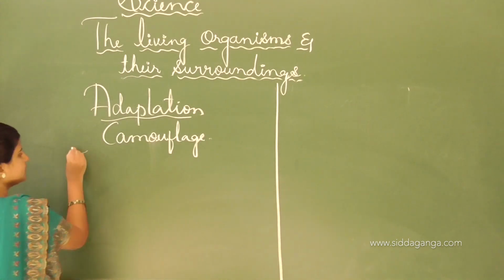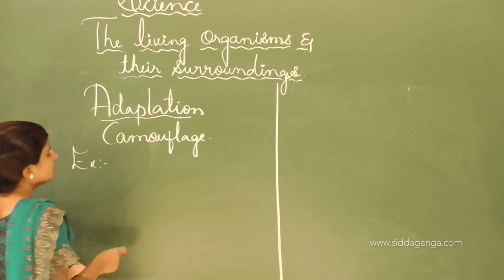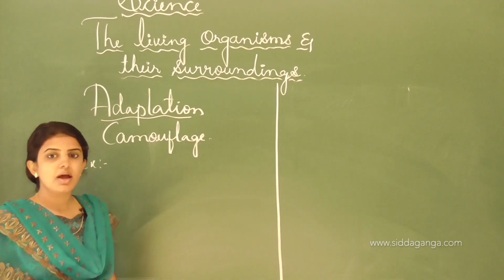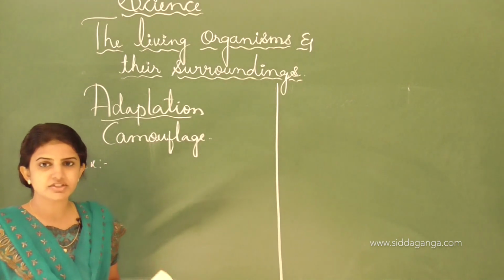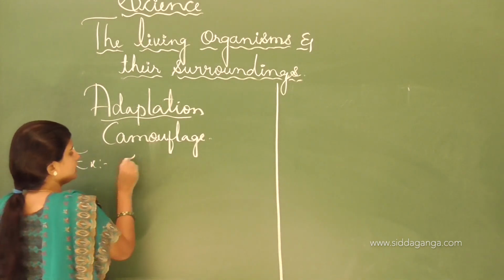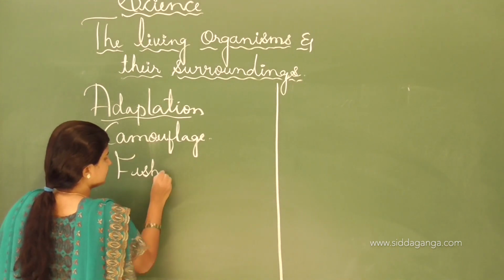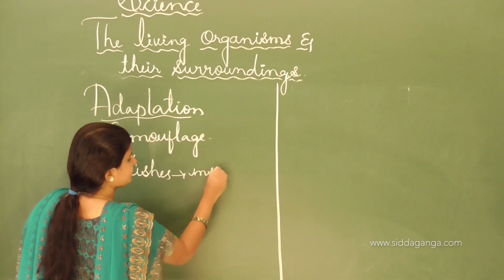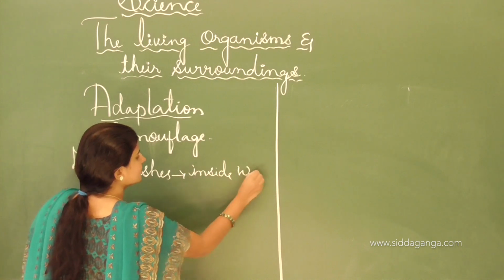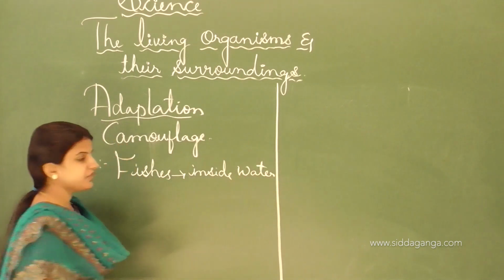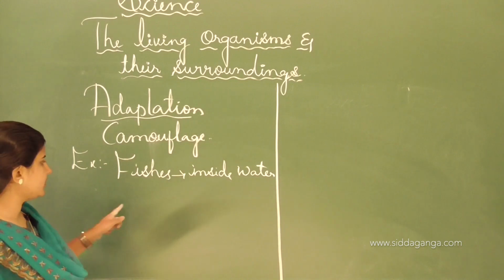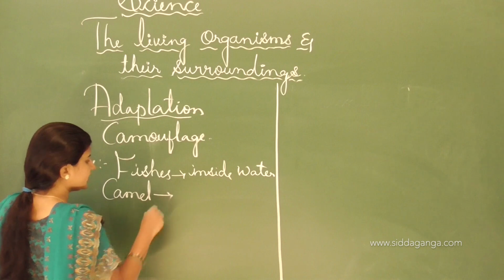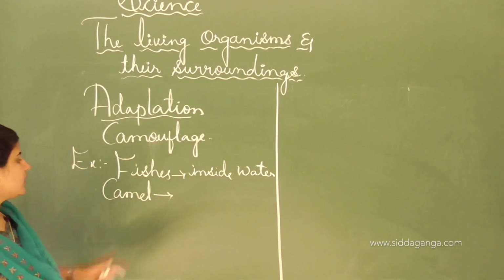And for example, see, fishes present inside the water are adapted to live in such an area and such condition. Fishes present inside the water have a modified structure to live in the water, and the camel is usually found in the desert region, having adapted features.